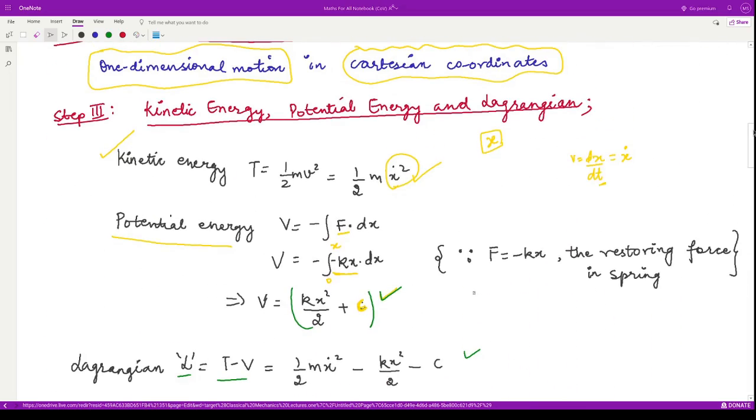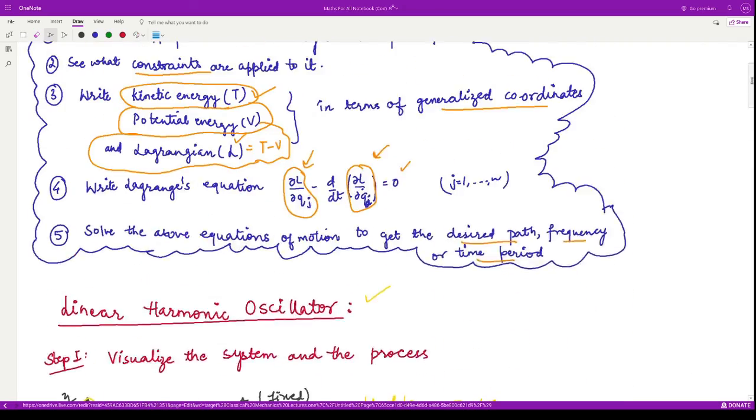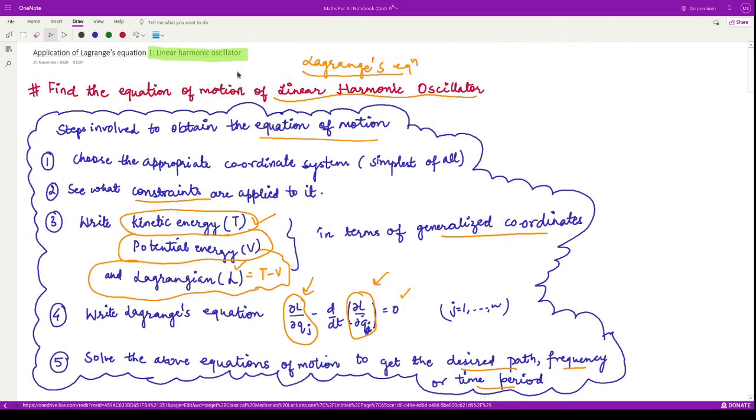So I think you got a pretty clear idea about how to calculate the equation of motion when we have a spring mass system. So we can see more applications of the Lagrange equation in the next videos.